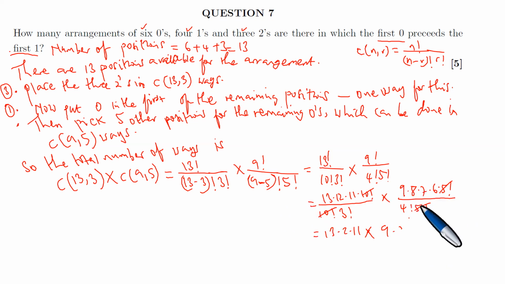Because 8 times 6 is 48, you divide 48 by 24, which is only 2, times 7, and then you just do your calculator work, and then the answer will have to be this one here. So we have managed to organize these, and the number of ways is these ways.